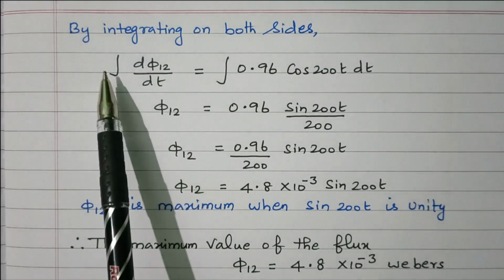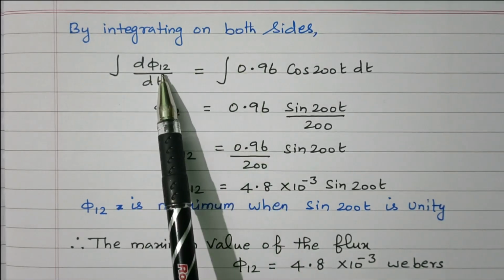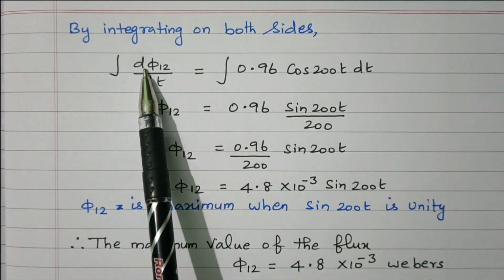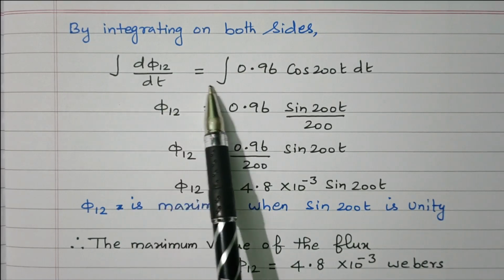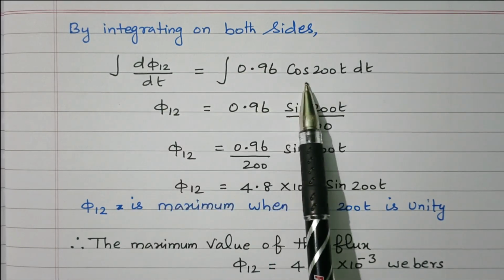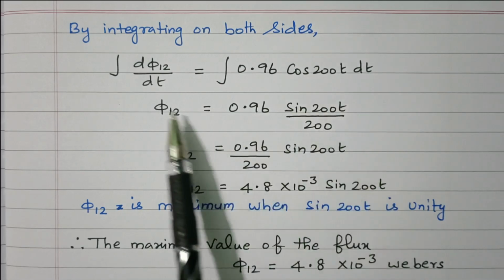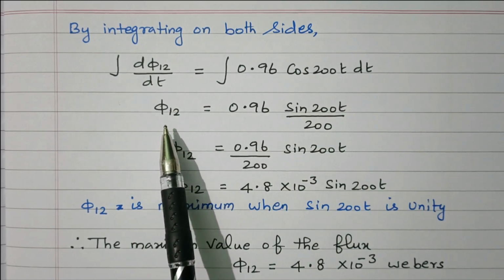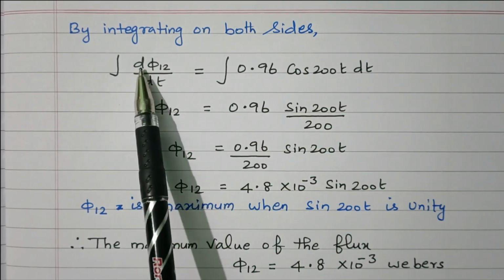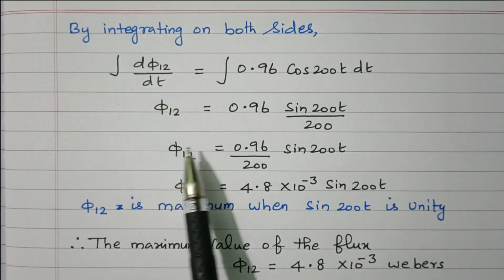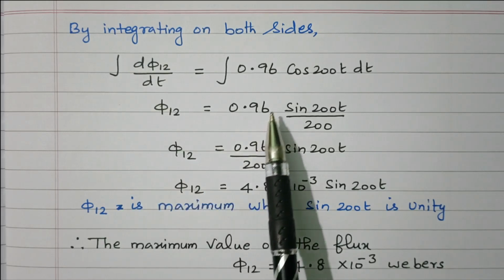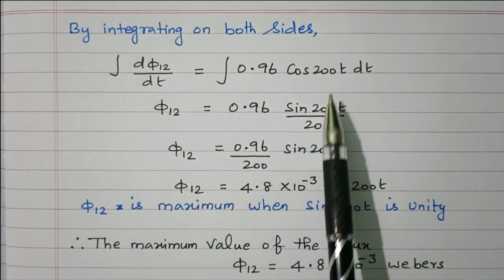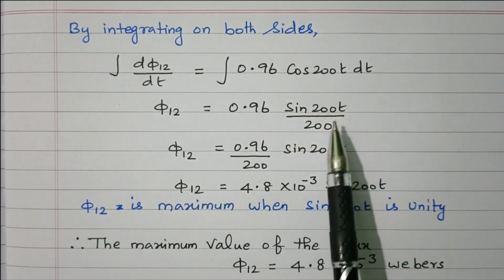Now we integrate on both sides so that we can find the flux. So integral of dφ12 by dt equal to integral of 0.96 cos 200t dt. The integral of dφ12 by dt is φ12, just like the integral of dx is x. 0.96 is a constant, and the integral of cos 200t is sin 200t divided by 200.